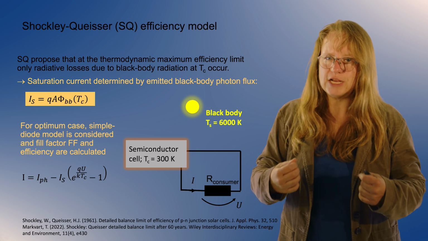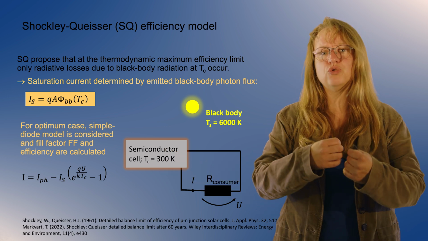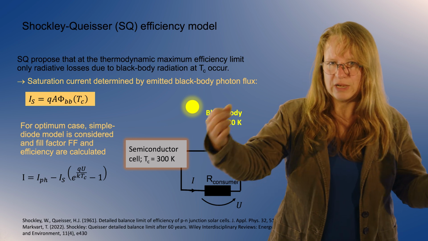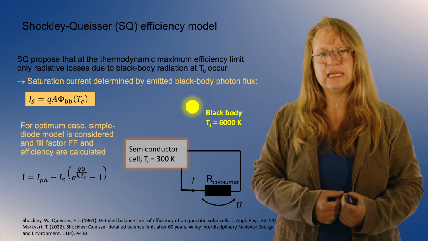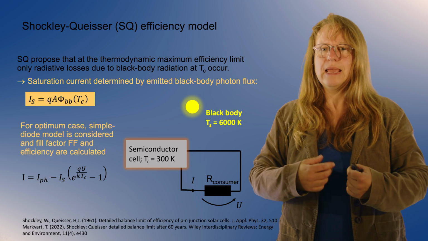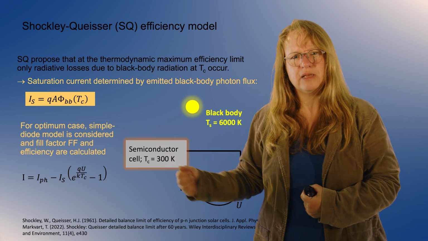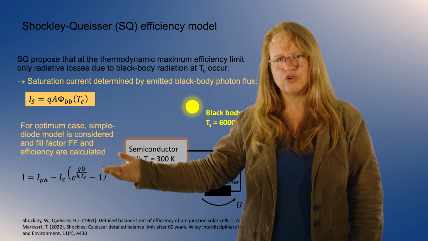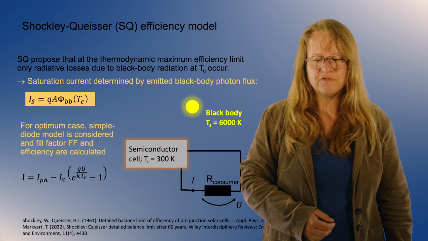So the saturation current is only given by these thermodynamic losses due to the radiation equilibrium with the surrounding in a steady state condition. And for this optimum case, they then also consider a simple diode model to calculate the fill factor from the simple diode equation and calculate the efficiency.